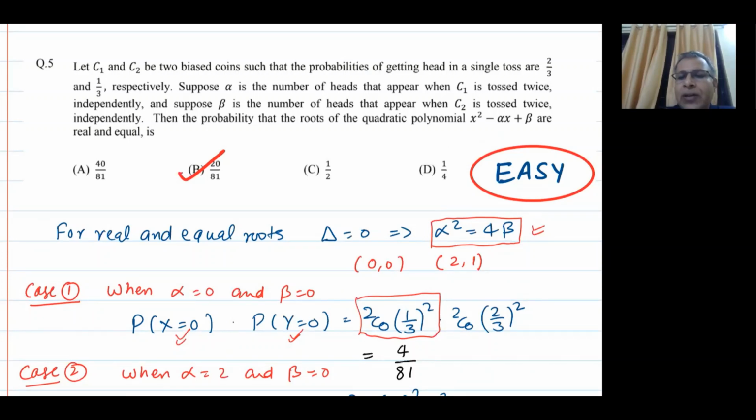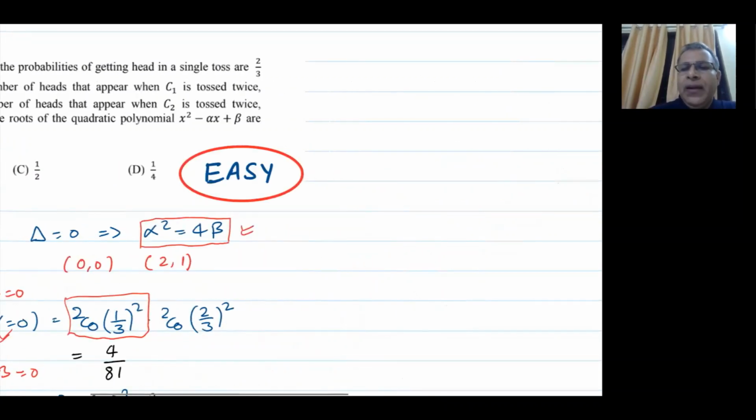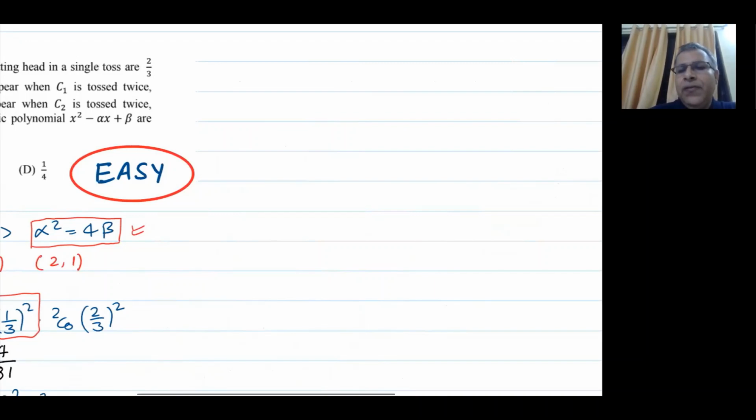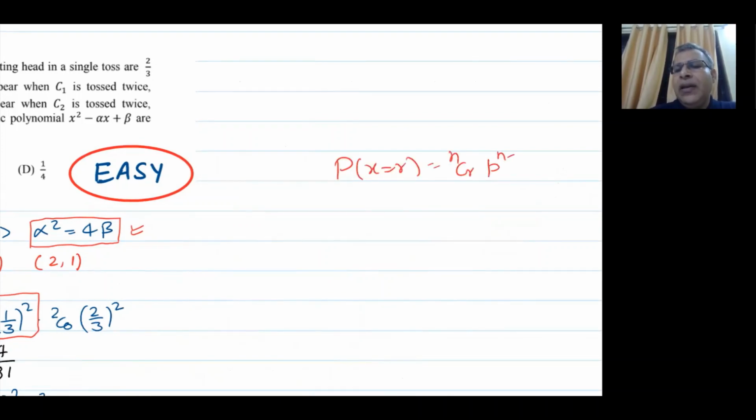So 2C0 into 2 by 3 whole power 0 and 1 by 3 whole power 2, and 2C0 2 upon 3 whole power 2, because we have a formula, and the formula is P of x equal to r, and that is nCr p to the power r and q to the power n minus r. So suppose I am talking about no heads.